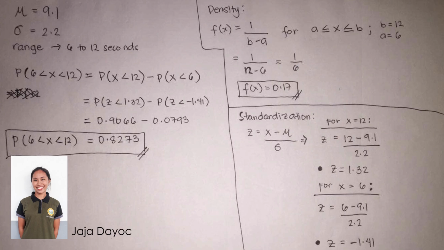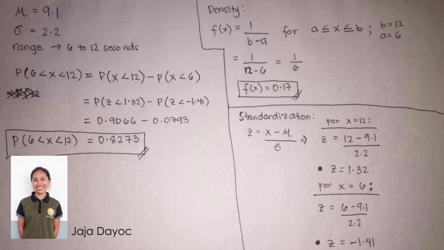We have mu equals 9.1, standard deviation of 2.2, and then a range of 6 to 12 seconds. For us to solve the density, we can use the formula f(x) = 1/(b − a), where a ≤ x ≤ b. b is equal to 12 and a is equal to 6. Then by substitution, we get the density f(x) = 0.17.